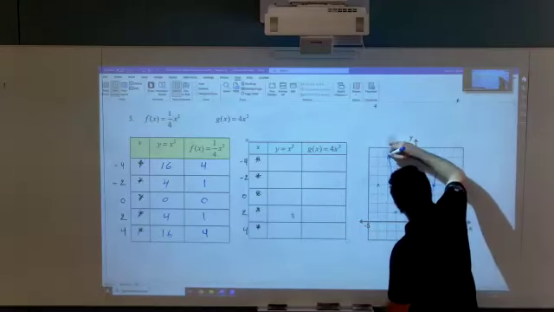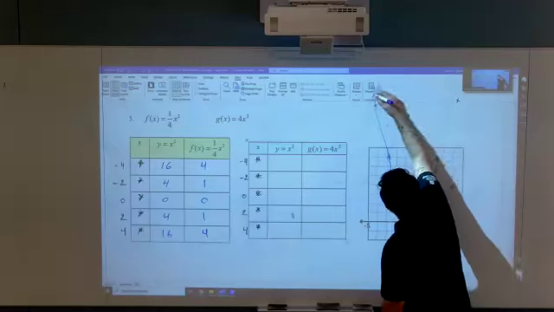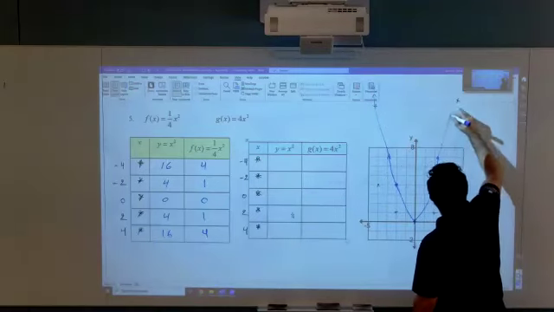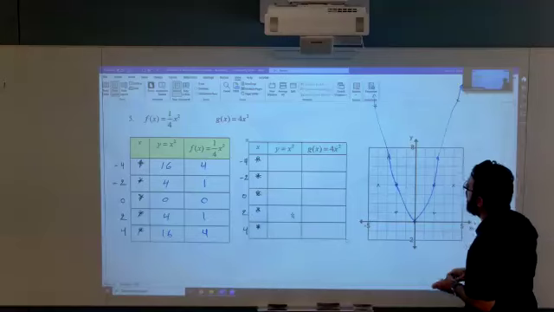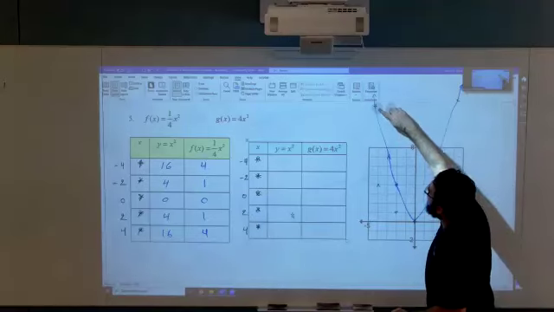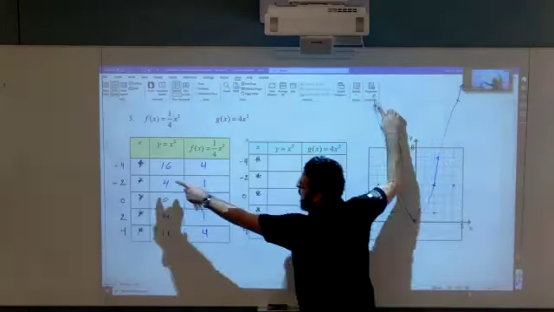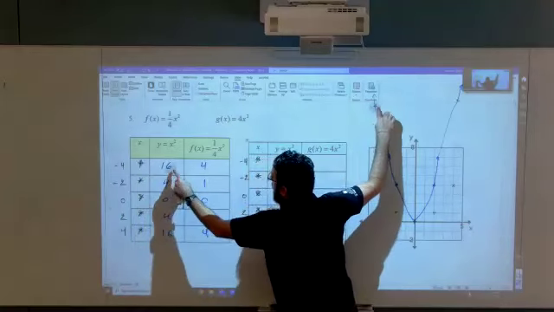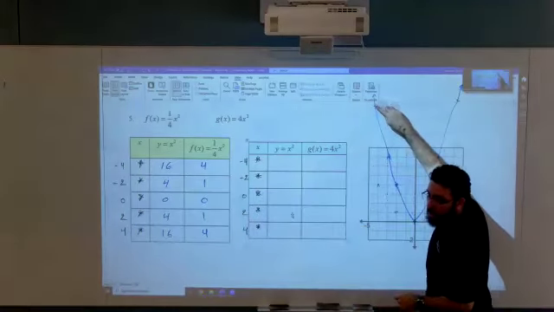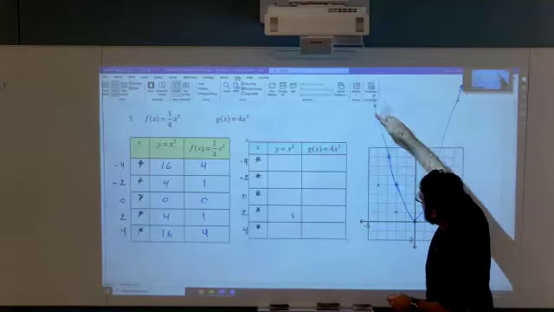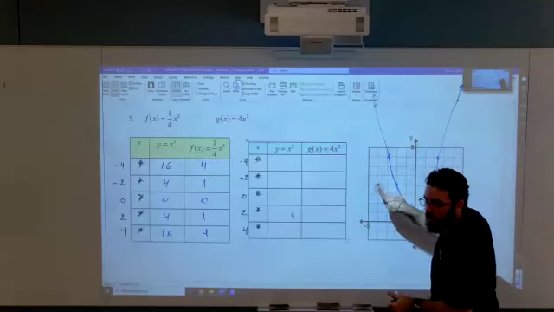What happened? Let's graph the whole thing. Look what happened to the graph. The first point is what? -4 and 16, which is this one, okay? Shrink to which one? Shrink to this new point.